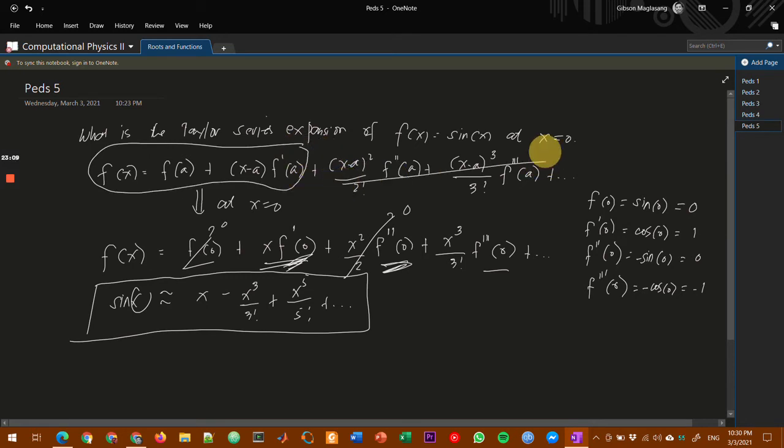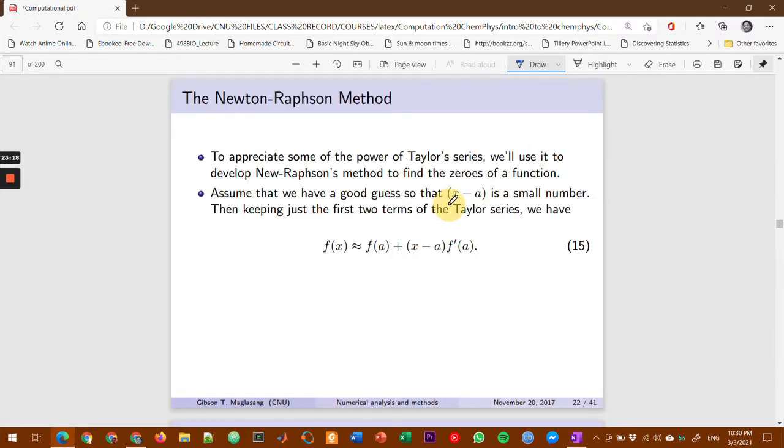In developing our Newton-Raphson, just these two terms: f of a plus x minus a, f prime. So we have this, our Taylor series expansion. From this equation, we can use it for root finding. How?